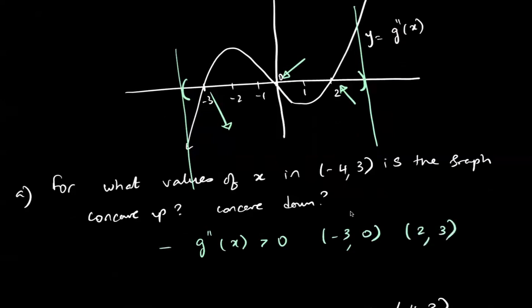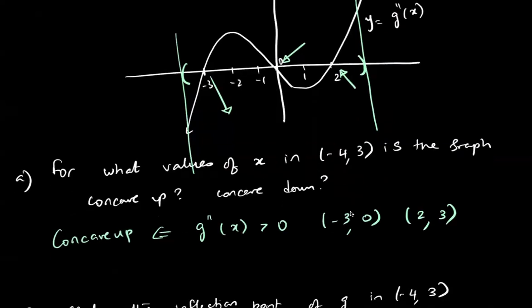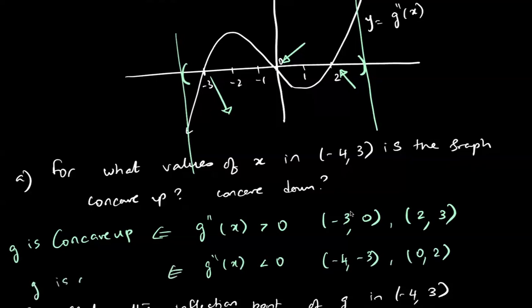So that means the graph of g is concave up in these intervals. Likewise, g double prime is less than 0 between negative 4 and negative 3 and between 0 and 2. So that means g is going to be concave down in those intervals. Okay.